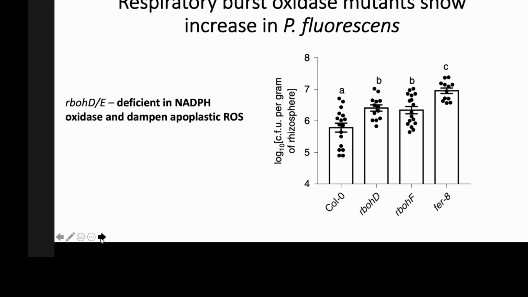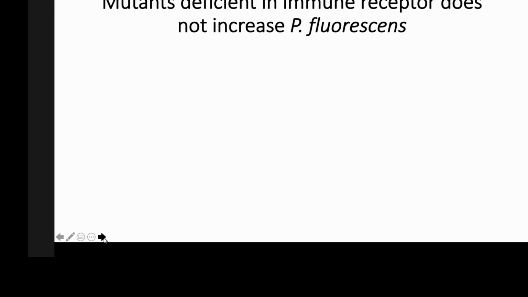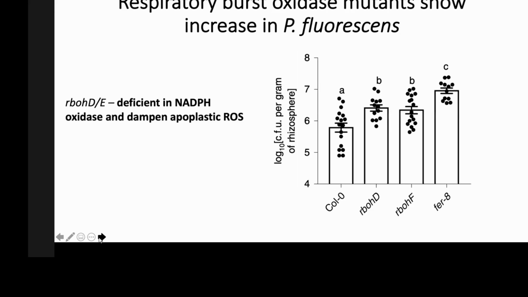Would have been nice had they been able to test the RBOHDF double mutant. You'd sort of wonder if that was additive and got us up to the FAIR8 level. Yeah, agreed. So Anna, they act in the same pathway? RBOHD and F?